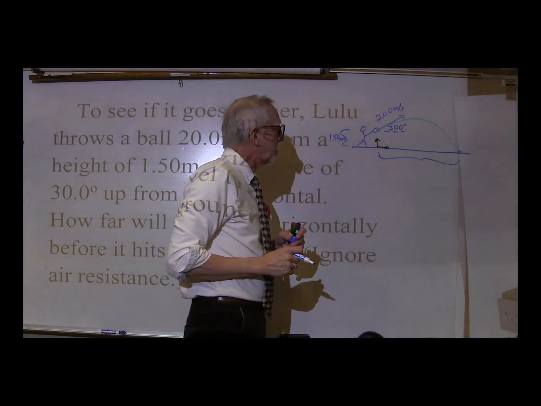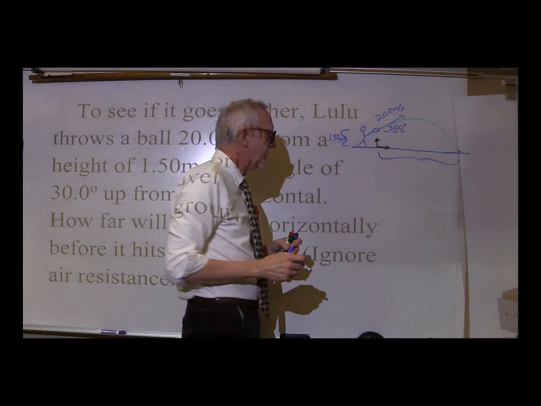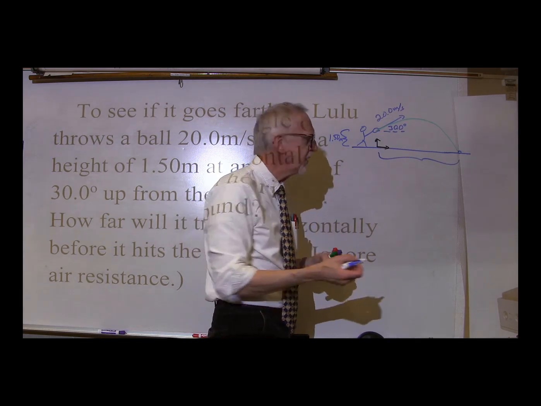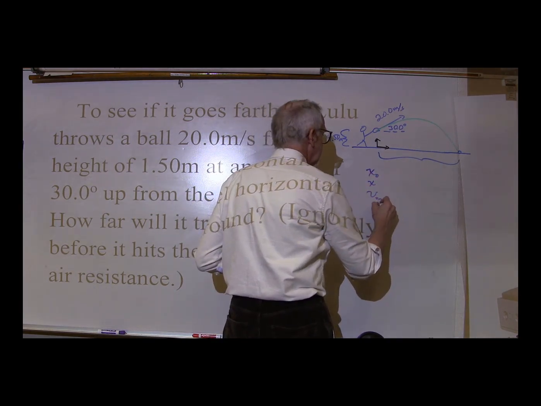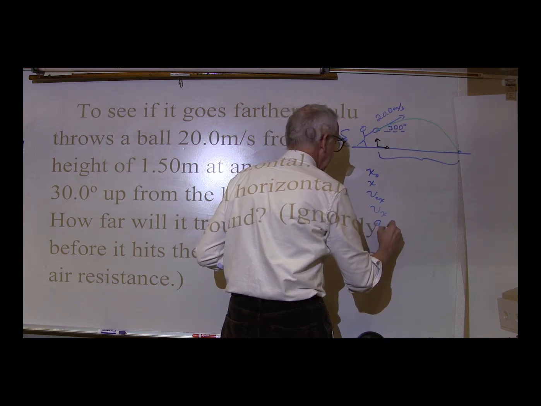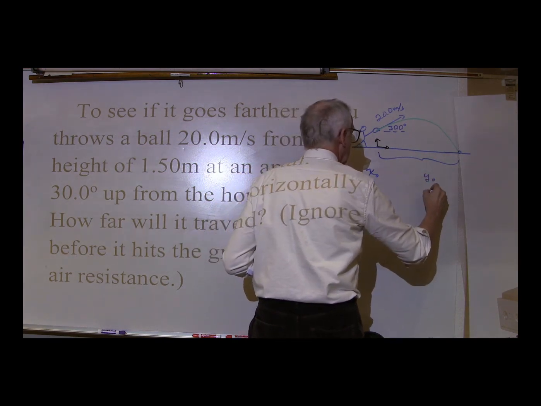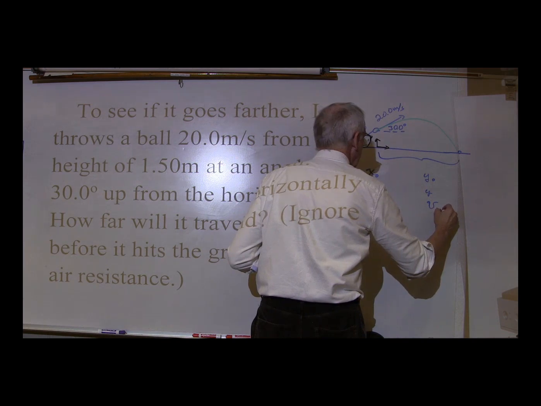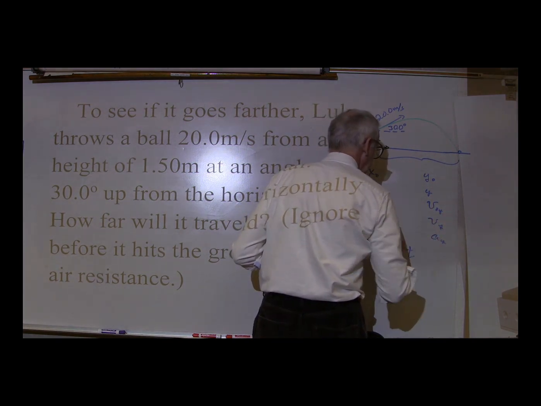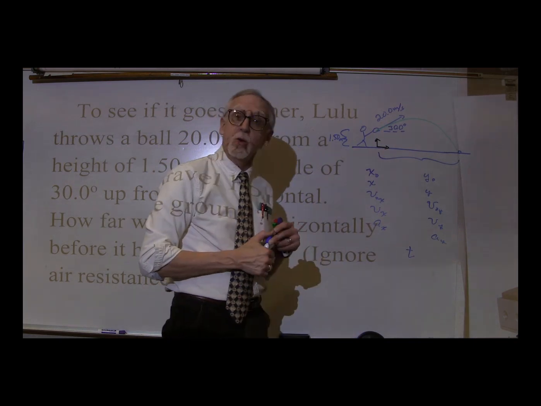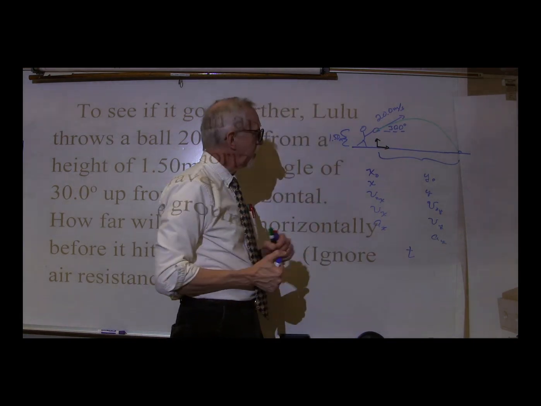Well, we've put in our coordinate system. Next, what are the variables? Hopefully, maybe you remember them. x naught, v naught x, vx, ax, y naught, v naught y, vy, ay, and t. And what values do we know?